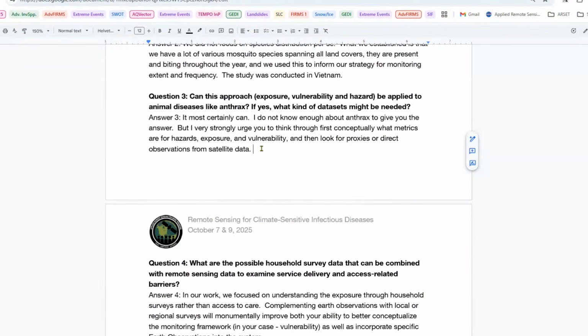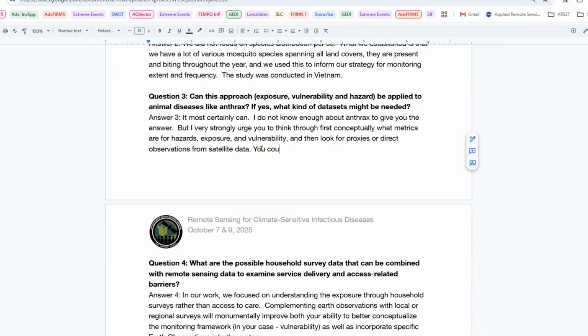Unfortunately, I'm not very familiar with the ecology of anthrax, so it's hard for me to conceptualize what needs to be there and how it will distribute between the hazards, the exposure and vulnerability, but presumably your host becomes the animal species that you're interested in, and then you are looking at other components in relation to that host species. Again, the framework is extremely flexible, and I would very strongly encourage people to use it.